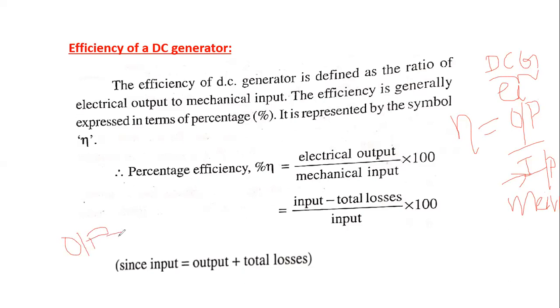The output decreases when compared to the input. That means due to some losses. If you give any input to any machine, the total input is not exactly converted into the output, because some losses are obtained while converting that input to the output. Due to those losses, the output decreases when compared to the input.